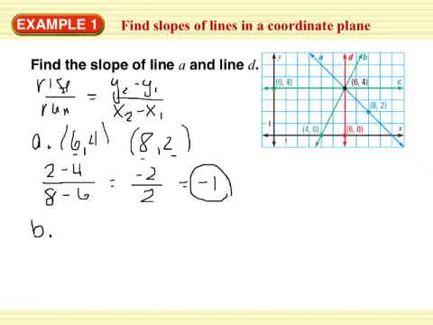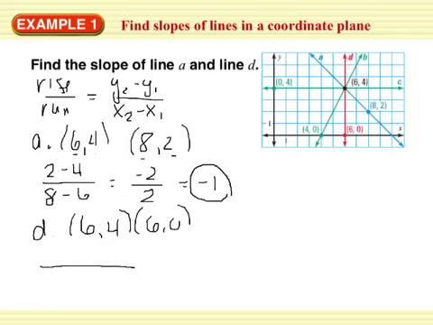So let's do line D. Line D is red. My points are, again, 6, 4, and 6, 0. So change in y, 0 minus 4, over change in x, 6 minus 6.